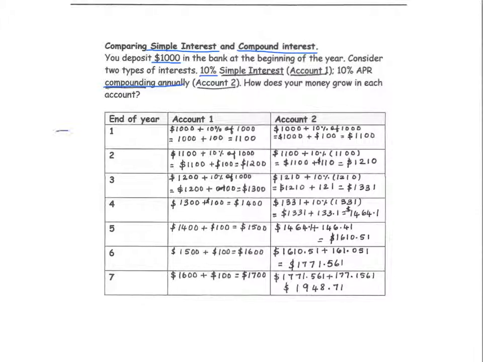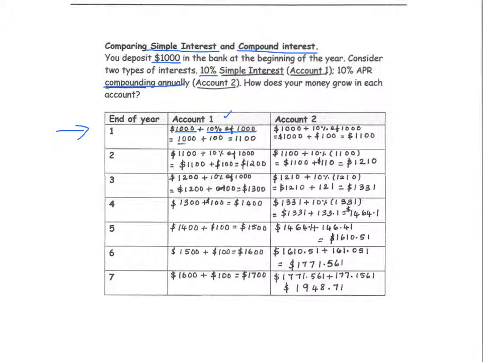So let's look at the simple interest account, which is account 1, at the end of the first year. We're looking at the first row and the second column. We have $1,000 deposited in the account. How does money grow? It is a 10% simple interest account, so what gets added on to the $1,000 is 10% of the basic deposit, which is $1,000.